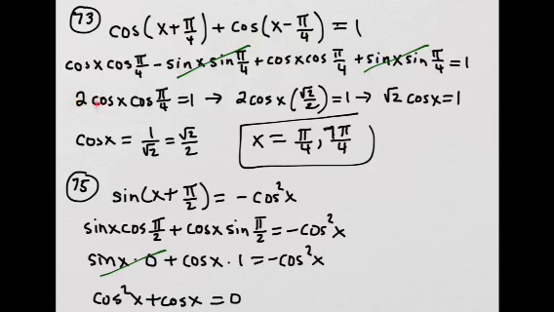2 cosine x cosine pi over 4 equals 1. Well, cosine pi over 4 is radical 2 over 2. Okay? And then here, this cancels this, because remember, this is not an angle. It's not part of the angle. It's its own term. So this whole thing got replaced by pi over 2.